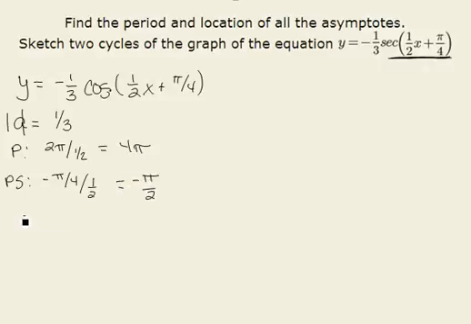We could sketch our one-cycle interval for cosine as 1/2 x plus pi over 4 ranges between 0 and 2 pi.